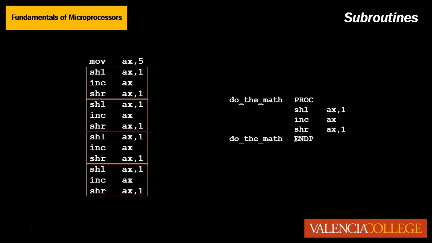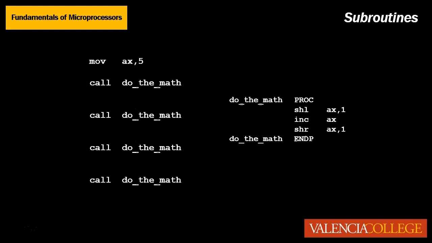Now, whenever we wish to use this code in our program, we simply write call followed by the procedure label. Now that we are familiar with the ability to use the flags to teach our x86 microprocessor to make decisions based on calculations it is performing, and we have the ability to reuse code multiple times by placing it into a subroutine, let's look at a few example programs.